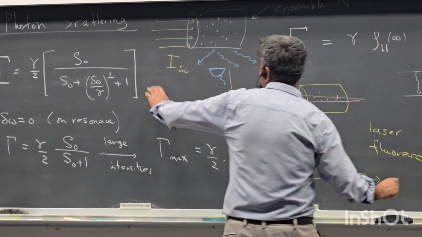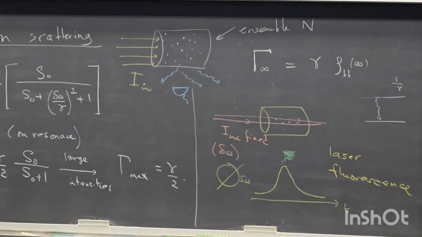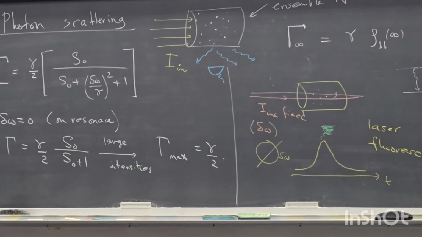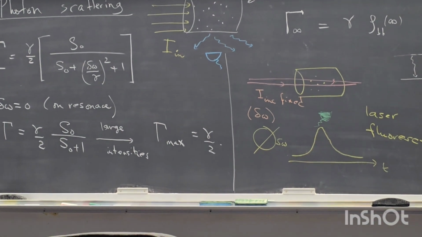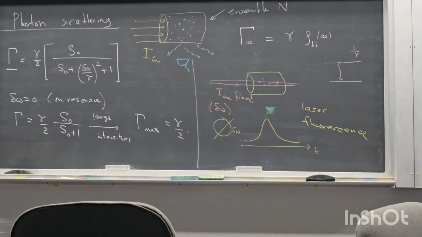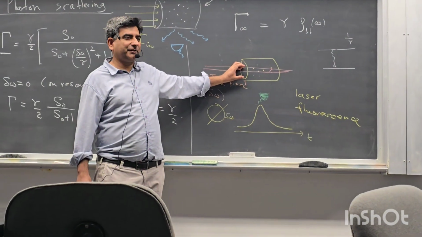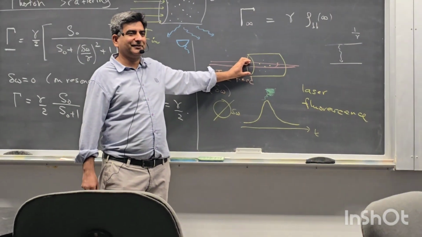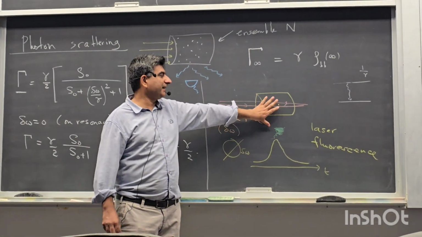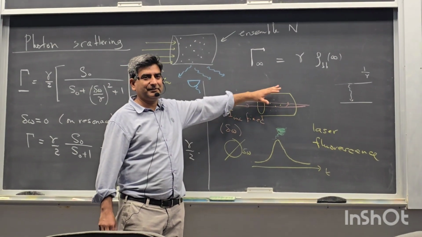Now, in fact, the same idea of photon scattering can also be used to find out how an ensemble of atoms absorbs energy. You see, when light is being shone into this ensemble of atoms, photons are being scattered, which means energy is going to the left and to the right.